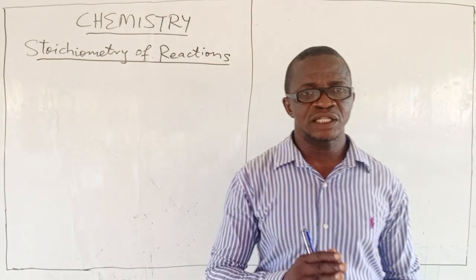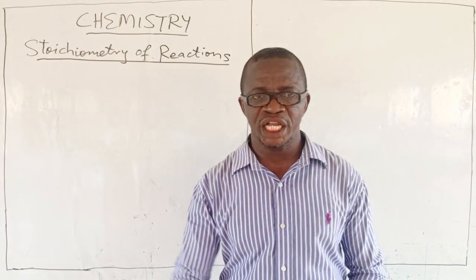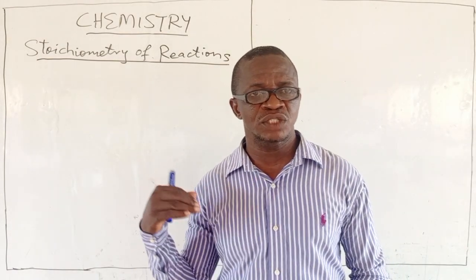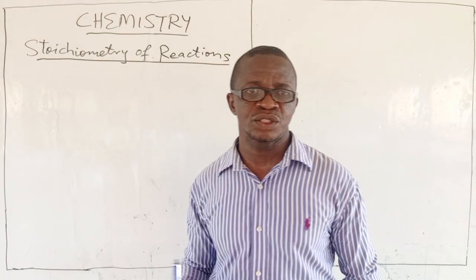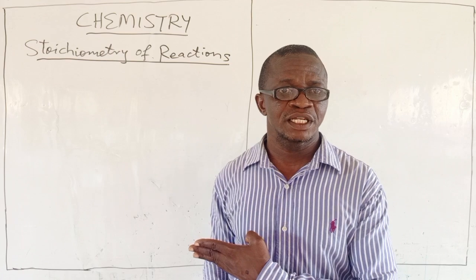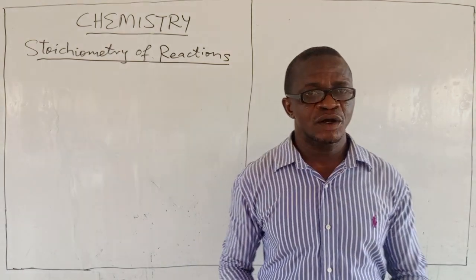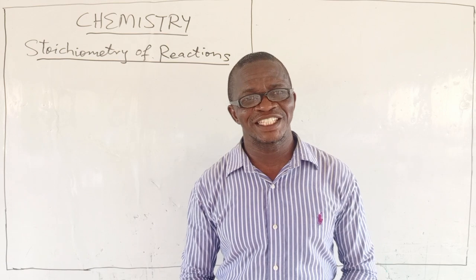So if you know that you have a problem in balancing equations, go and check one of the videos I posted. I have taught how to balance equations, so it will help you greatly in this aspect. Now we are going to take up the first problem and see how we can solve it.